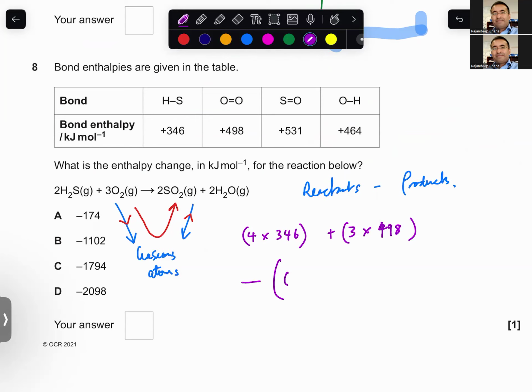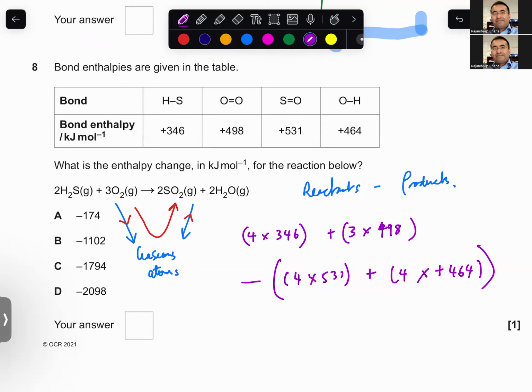And close the double bracket, and that will give you the answer. Let's have a go on the calculator. I've got here minus 1102.